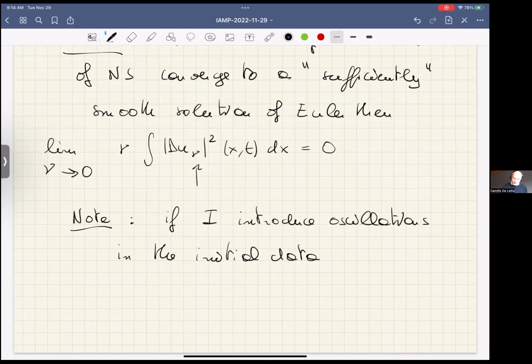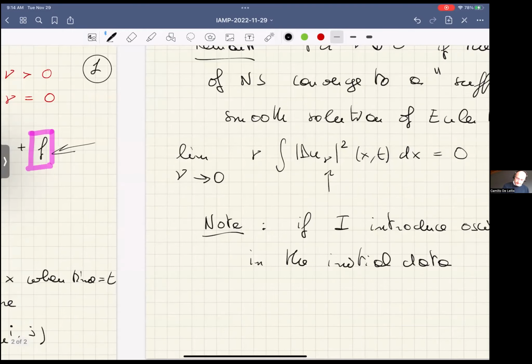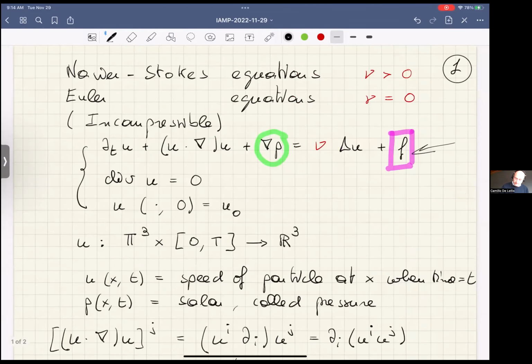So depending on what I do with this initial data, I actually could find myself in a trivial situation in which it dissipates. For instance, if I insert as U0, say, cos of a sufficiently oscillating function in terms of the viscosity nu, then just the viscosity term alone would be sufficient to actually dissipate all of the L2 energy.